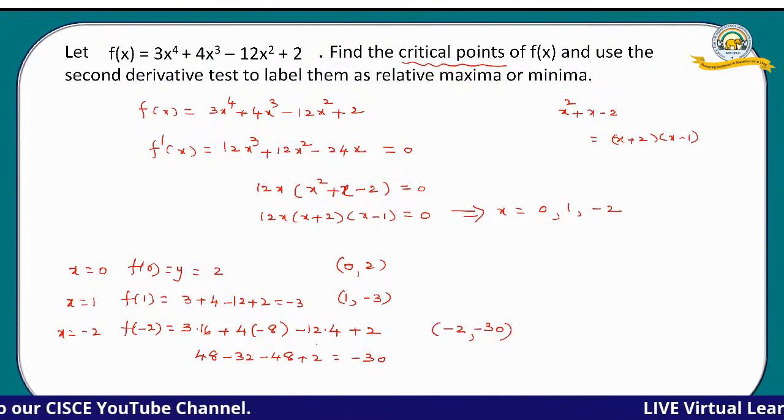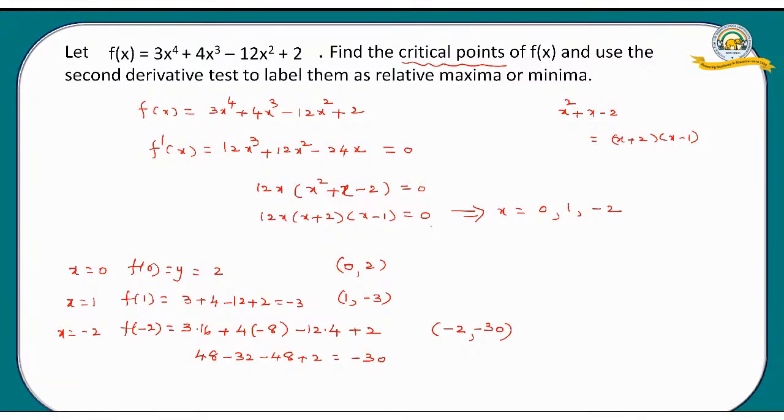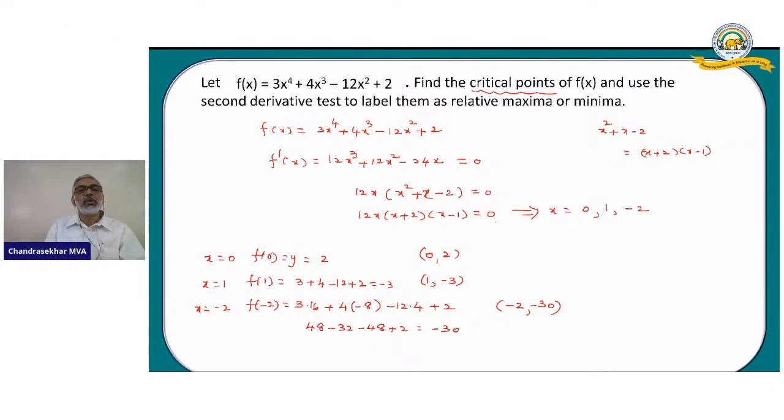So we found the critical points. You need to label them using the second derivative test, to decide which point is a maximum or minimum. For that you need to differentiate once again. So f dash x is equal to 12x cubed plus 12x square minus 24x.